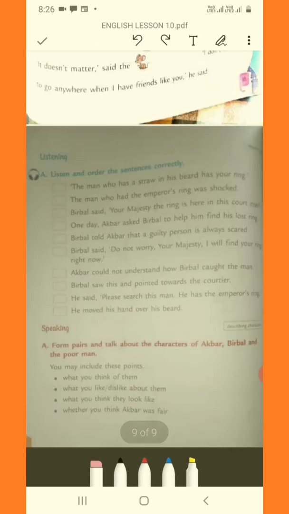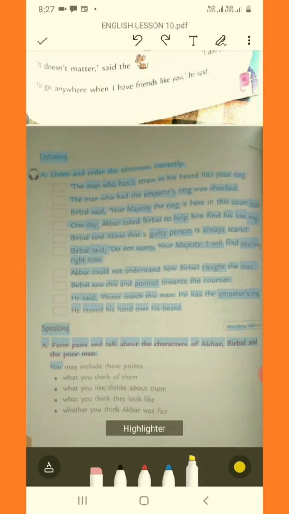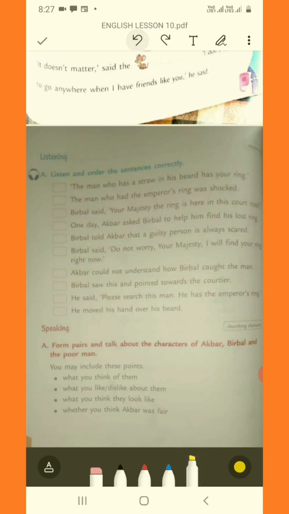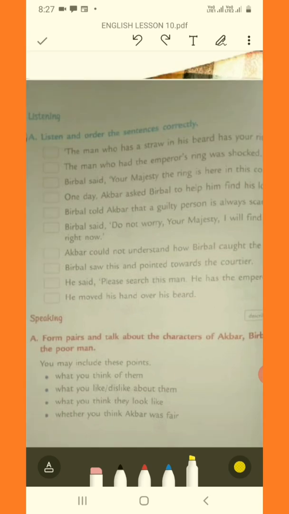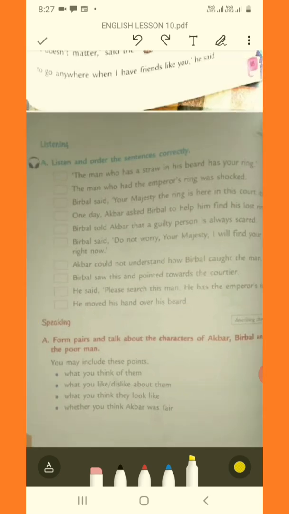And now speaking. You also form pairs and talk about the characters of Akbar, Birbal and the poor man. So form a pair, you can do this with your parents or your sibling, whoever you like. So see, how was Akbar's character? Massive, a grand emperor, right? One who was fierce in decision making, and one who wanted to see new things.